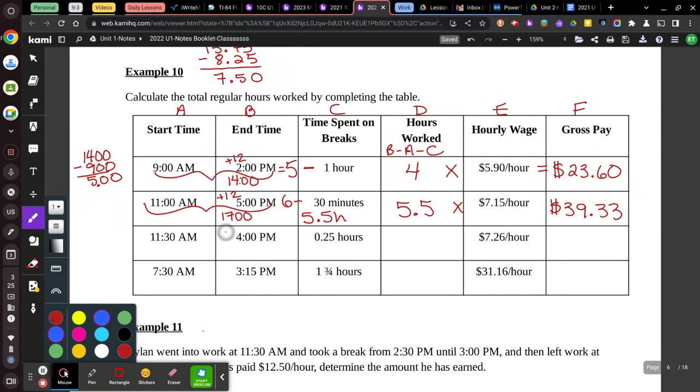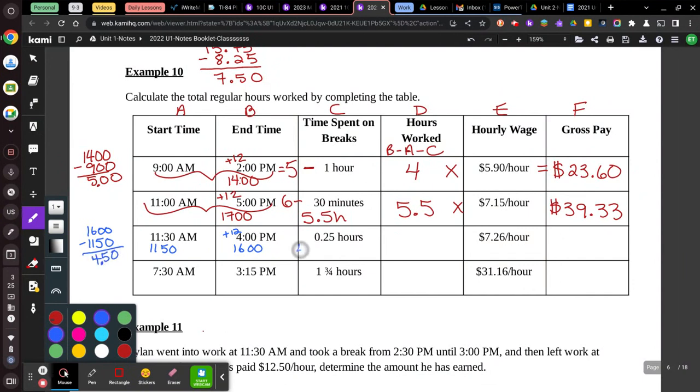We're going to do the exact same thing with the next question. So 4 p.m., I'm adding 12. That becomes 1,600 hours. So I get 1,630. The 30 becomes 1,150 because 30 is half, and half of 100 is 50. So we get 1,600 subtracting 1,150 is going to give us 4.5 hours. So that's going to give us 450. We put our decimal in.